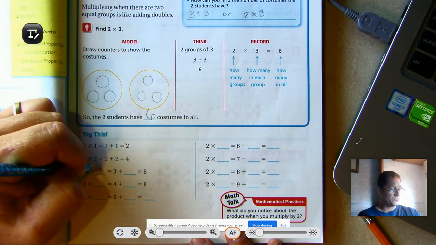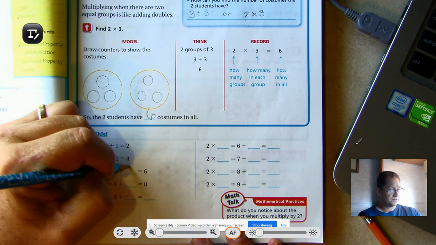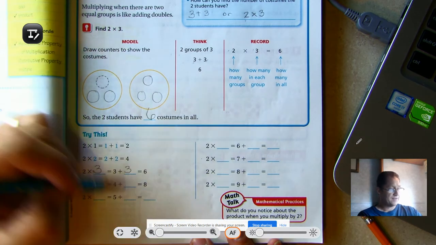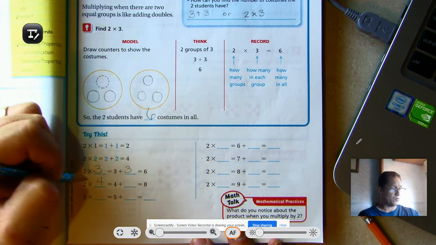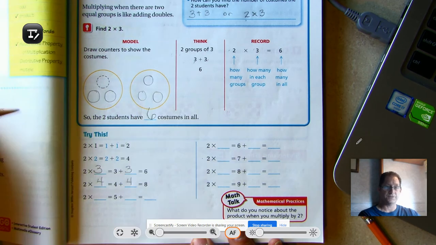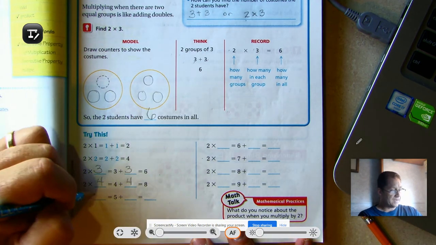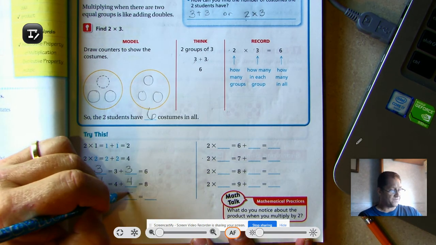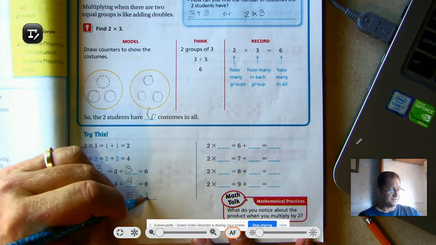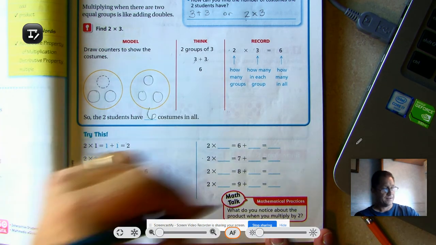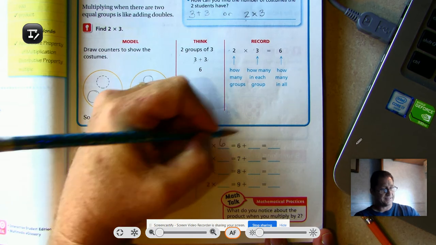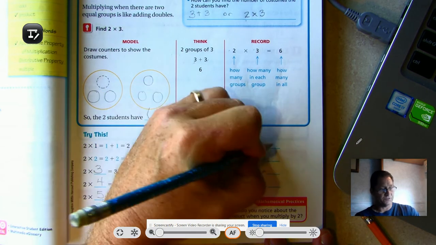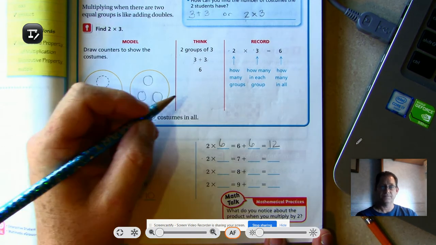So the next one would be 2 times 3, which is 3 plus 3. The next one, 2 times 4, means I have 2 fours. 2 times 5 means I have 2 5s, and 5 plus 5 is 10. 2 times 6 is next, which means I have 6 plus 6, which is 12.